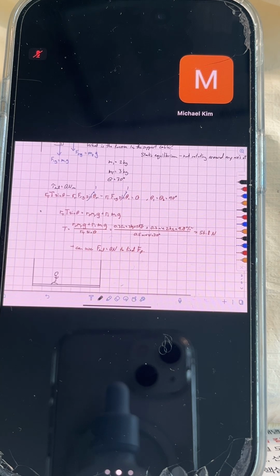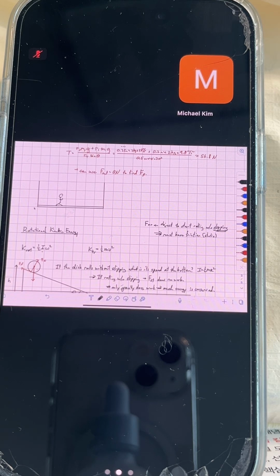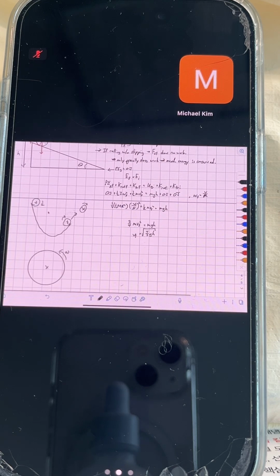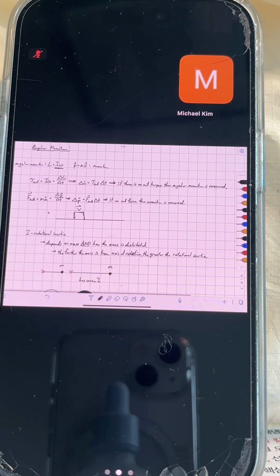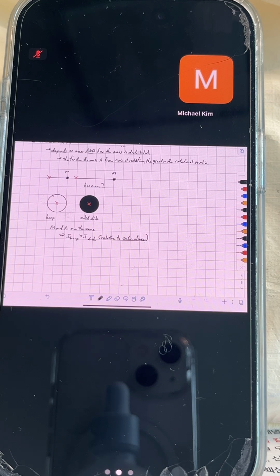But when we had cases like this, we said maybe you want to put your axis of rotation here on the left side, maybe on the right side, maybe where the person is. All of these possibilities were possible. The key thing is that anytime I was calculating the torque, I needed to know where my axis of rotation was so that I could calculate the torque appropriately, because all of my rotational quantities are relative to some axis of rotation. Okay.